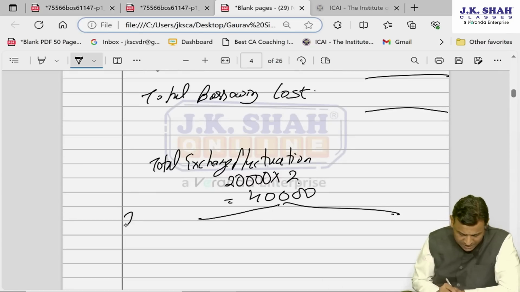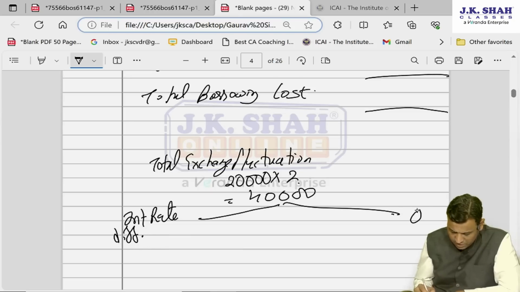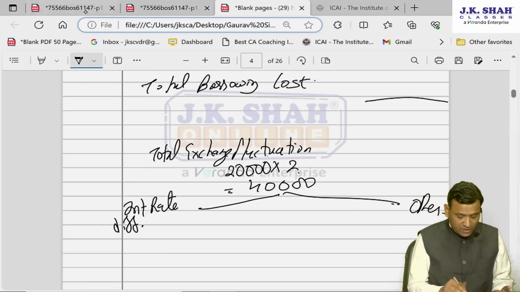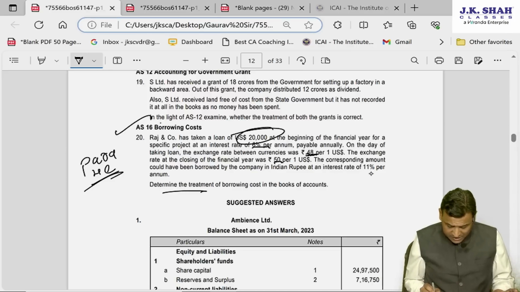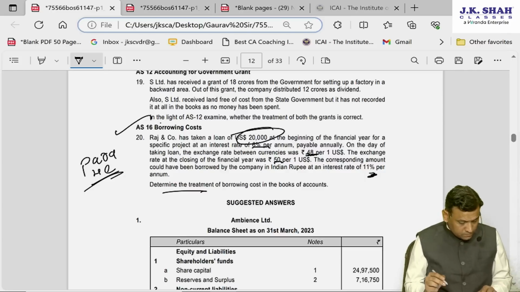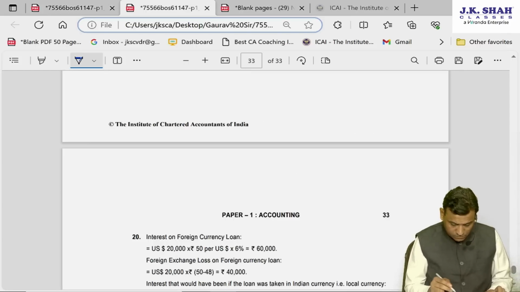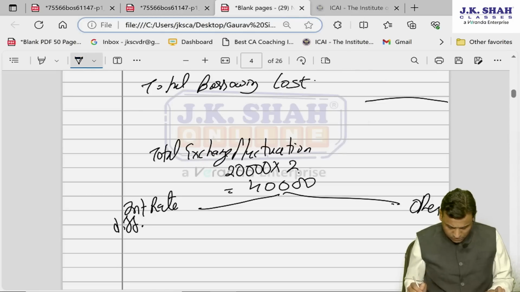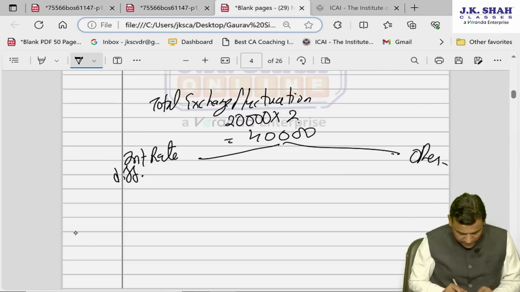Now, to the extent of interest rate difference. What is because of interest rate difference? Had you borrowed the loan in our country, Bharat, you would have paid interest at 11%. So that would be interest if borrowed in India.